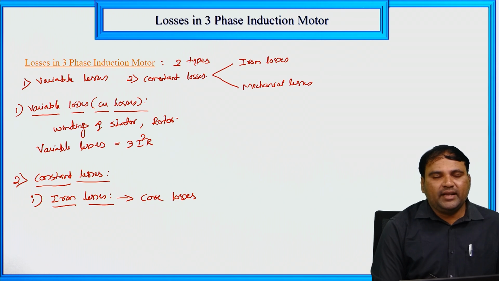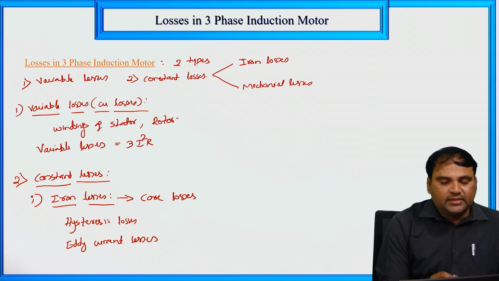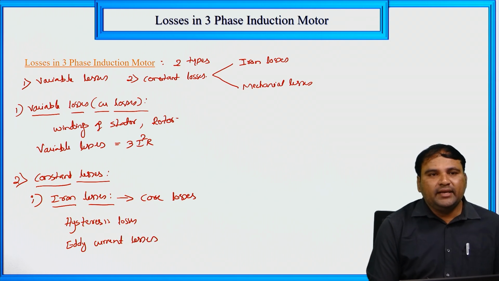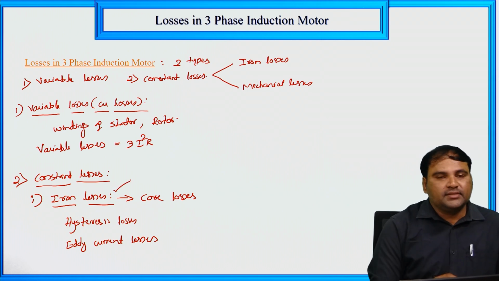These losses include hysteresis losses and eddy current losses. So we call them iron losses.